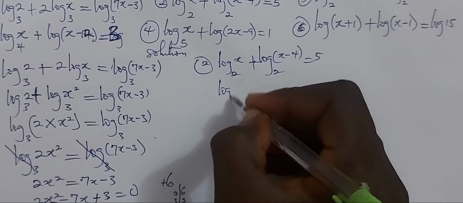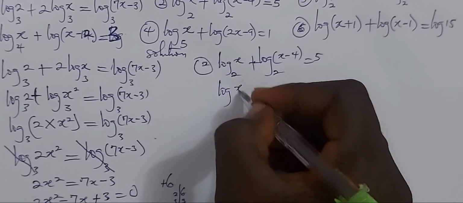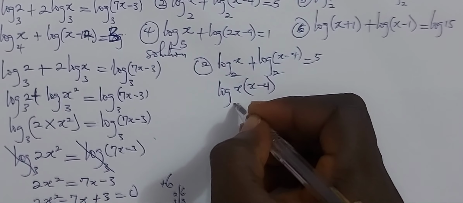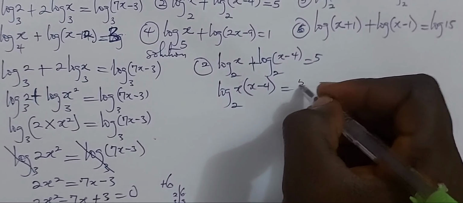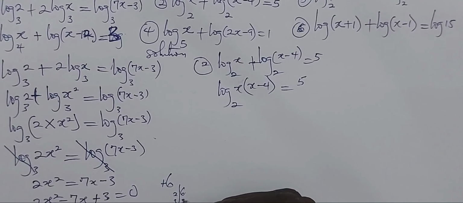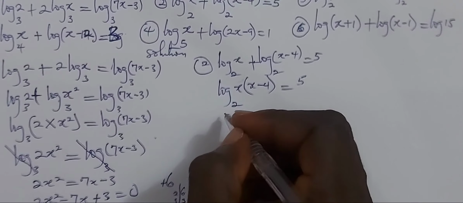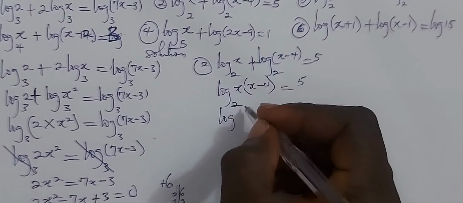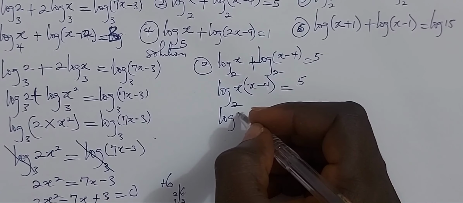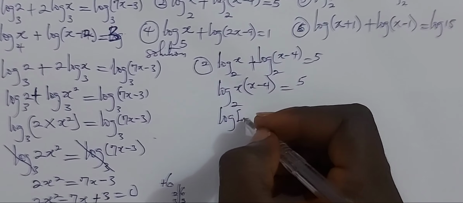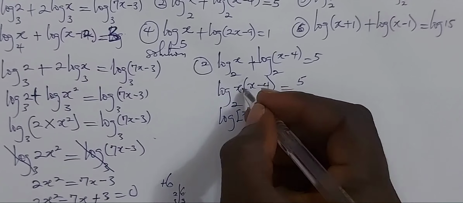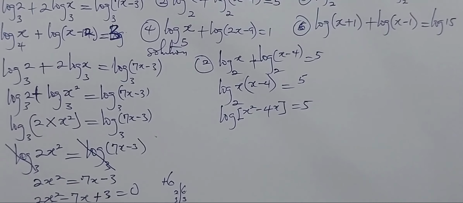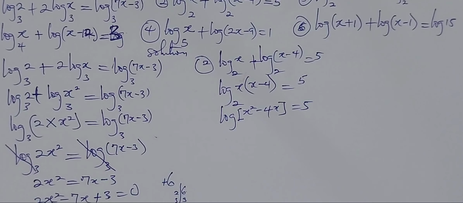So you say log x times (x minus 4) to base 2 equals 5. If you open this one, this times this, we have x squared, minus 4x, equals 5. So it is very easy.